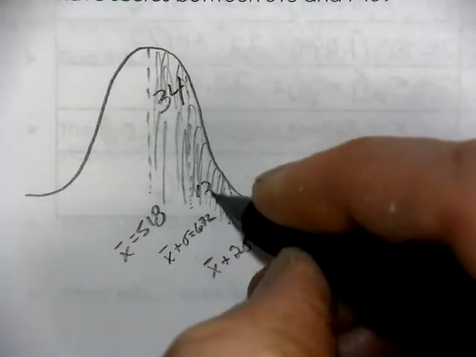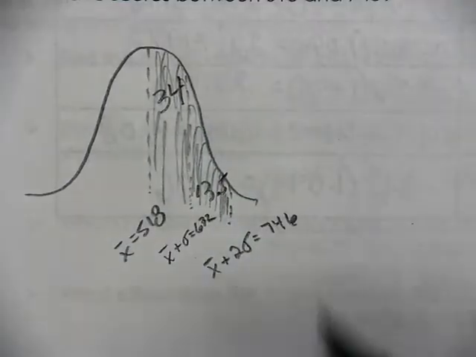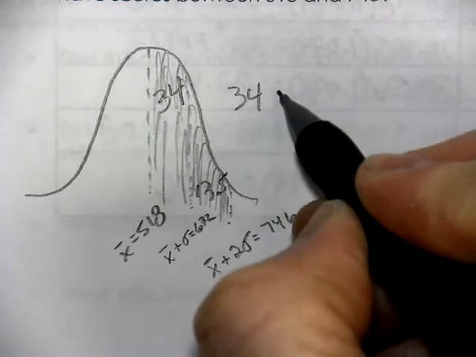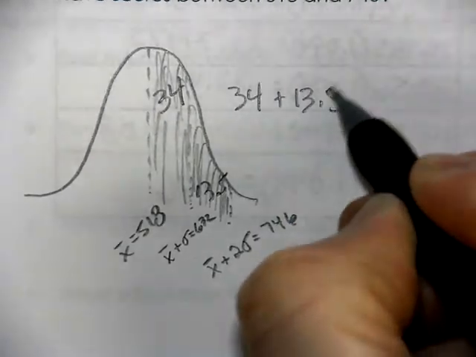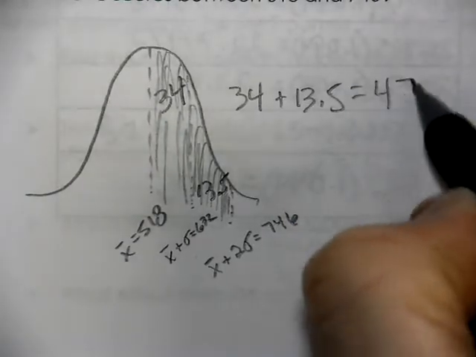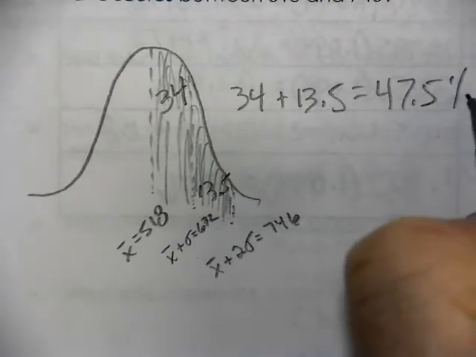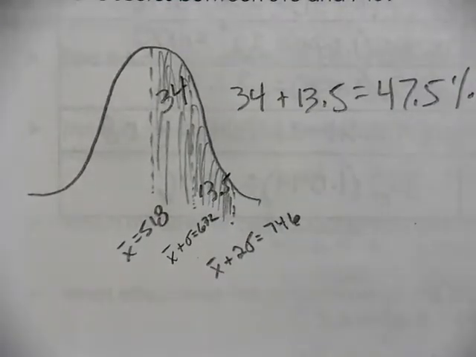This was our 13.5. So 34% plus 13.5% gives us 47.5%. Here they ask for percent, so we gave values in percent. When we do probability, we're looking for values between 0 and 1.